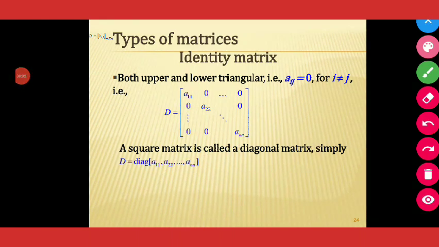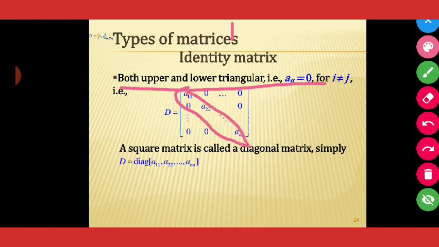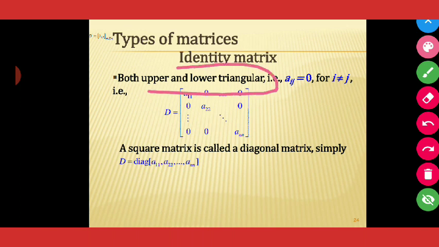Next, both upper and lower triangular matrix: in this matrix, the elements of the principal diagonal above and below are both 0 and the elements of the diagonal are non-zero. Then this is known as an upper as well as lower triangular matrix, and this matrix is also known as a diagonal matrix.